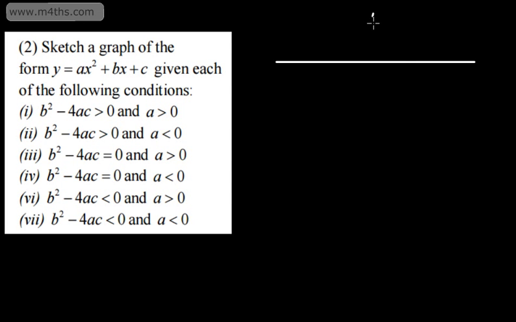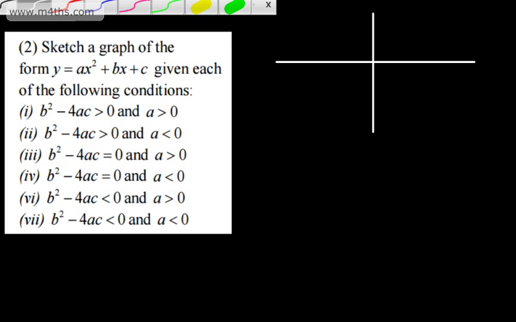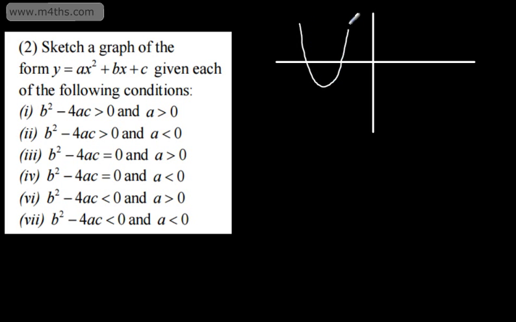What it's saying is show a positive quadratic equation, i.e. the value of a is greater than 0. It's either going to be greater than 0 or less than 0. Quite clearly, if it is 0, we have a linear function and it's not a quadratic. So all I'm going to do now is draw. If b squared minus 4ac is greater than 0, we have two distinct real roots and the parabola will open upwards. So that now is an example. So that's the first one done.